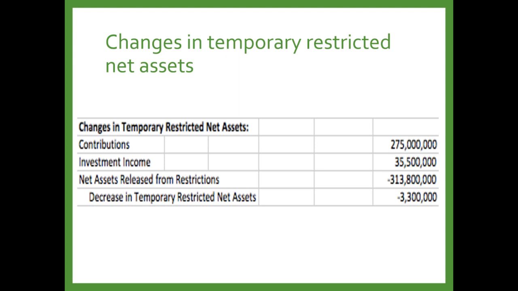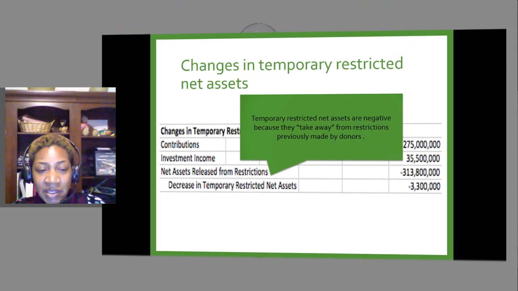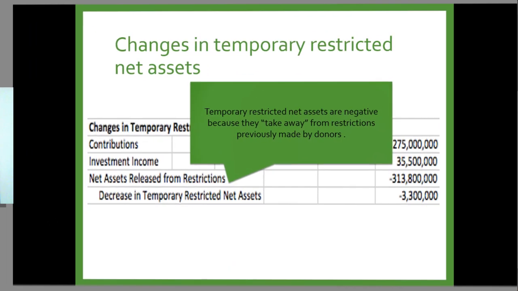And then we see our net assets released from restrictions is coming back again, but this time it's a negative number. Just remember, when we're releasing them from the restrictions, they were originally temporarily restricted, and now they are not. So as a result, we need to subtract the exact same amount we added to the unrestricted net assets previously in this section.